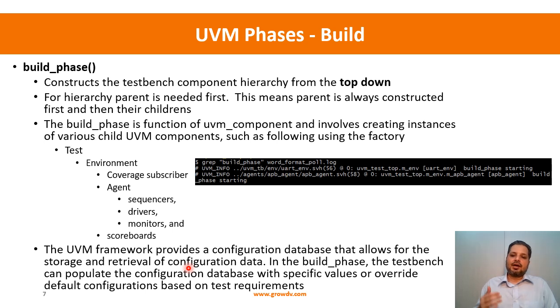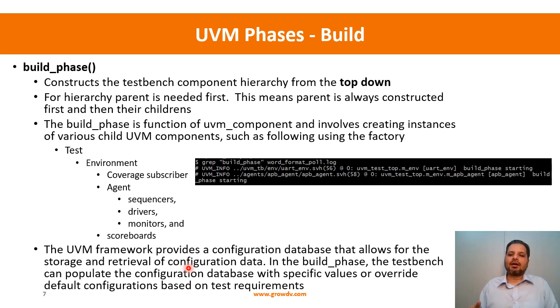So this way the main configuration gets created in the test, and then it is set through the configuration database, and then the lower level components, before doing the build, will extract that particular configuration object and then use the structural configuration information from that high level configuration, and then start the lower level build and pass the additional configuration information that is relevant for the lower level component again through the configuration database, right?